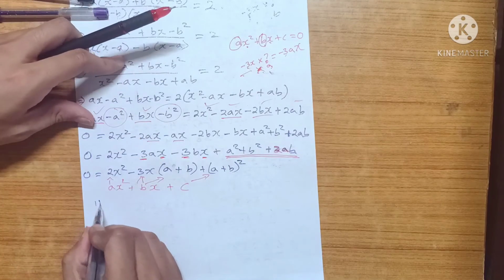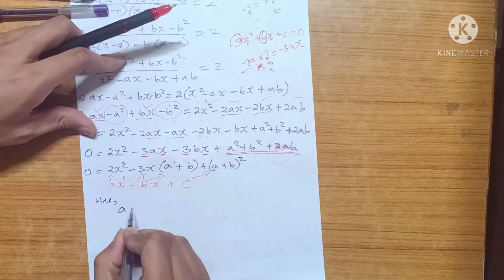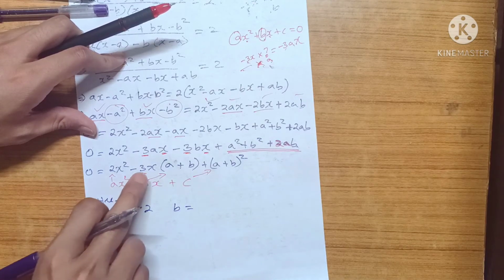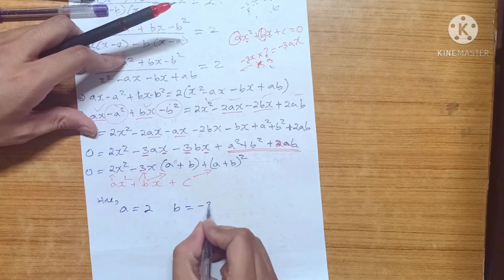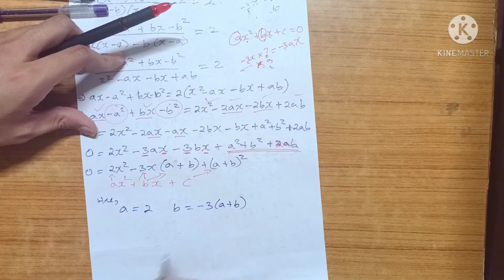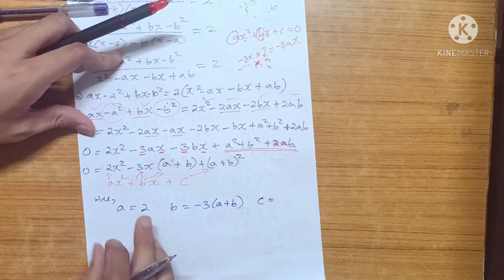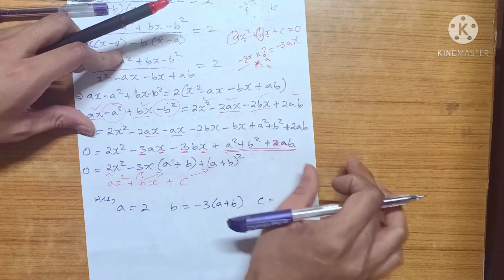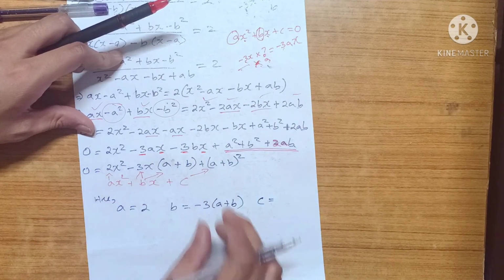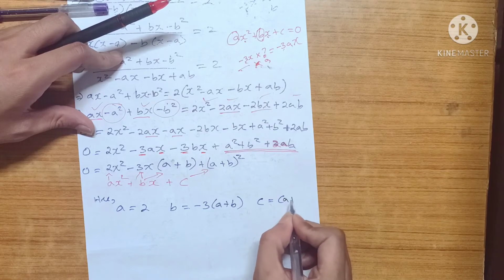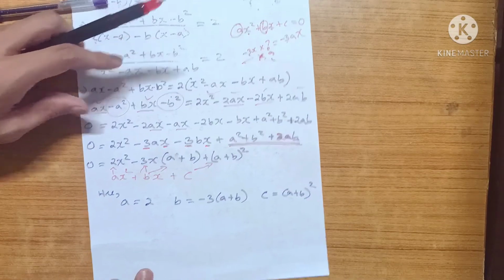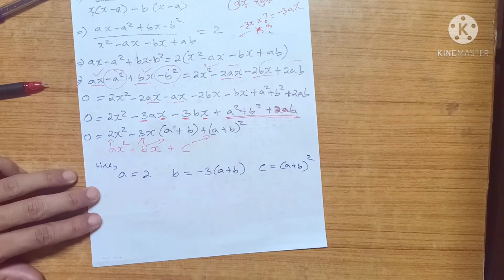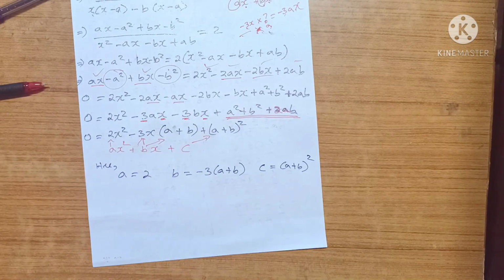So here a equal to 2, b equal to, see, other than x, everything, so minus 3a plus b, and c equal to, this whole thing is attached with x, right? But this is separate, this is independent of all the variables, so this is your c. a plus b the whole square. Now we have got ourselves a, b, and c also.